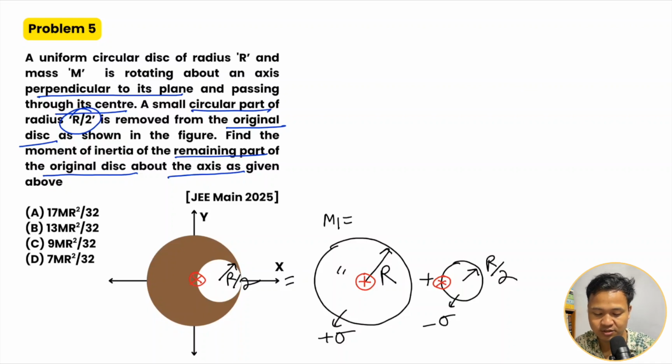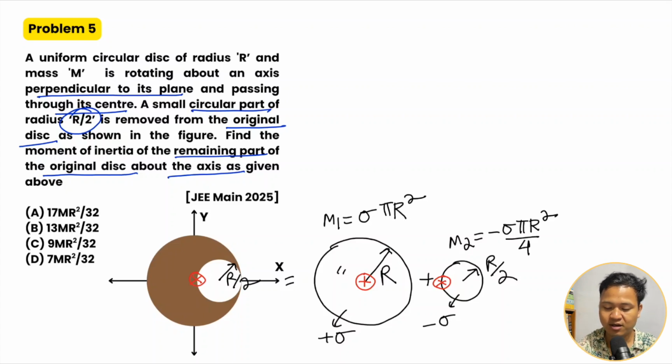So therefore mass will be sigma into area. Okay, so m1 is sigma into pi r square. Then m2 is sigma into pi r square divided by 4, since r by 2 whole square is r square by 4.